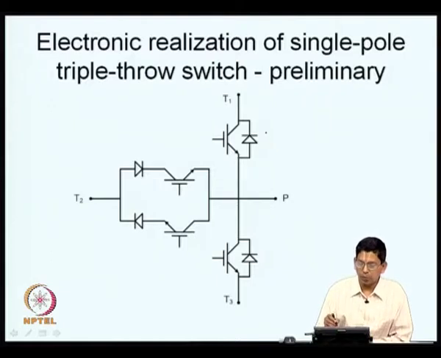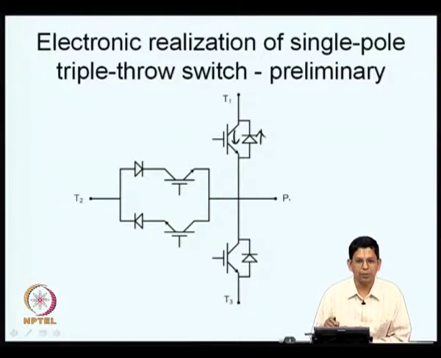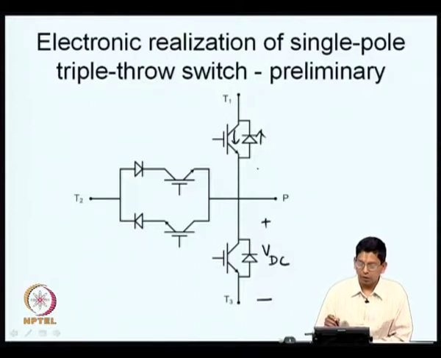So, if you look at this, obviously it can conduct in both the directions, the transistor can conduct in this direction and the diode can conduct in this direction when P and T1 are to be connected. In such a scenario, you have the bottom switch, the transistor blocking a potential equal to VDC with polarity as indicated above. Now, you have T1 connected to P, therefore, P is connected to plus VDC.